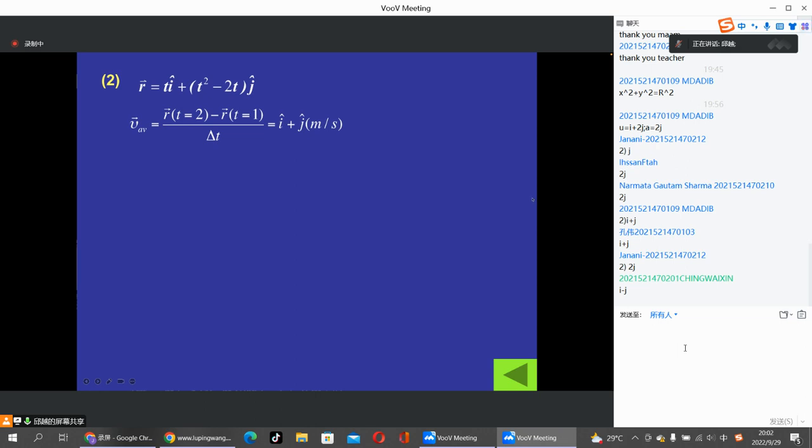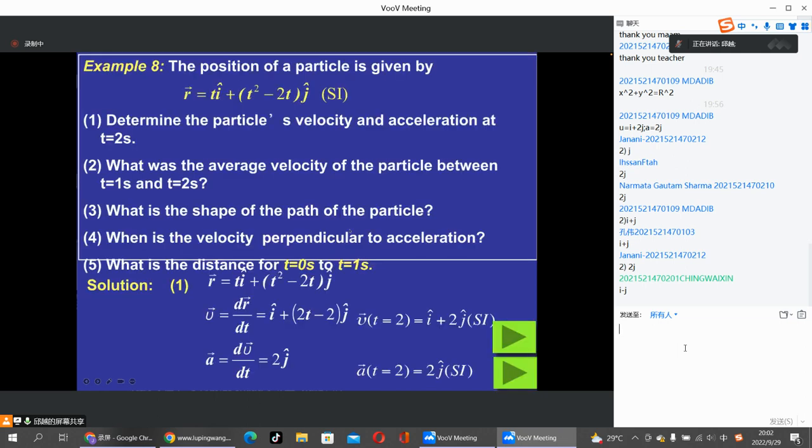Anyone right? Okay, two students were right in this answer. I think the two students have got to know how to do the calculations. And problem 3. What is the shape of the path of the particle?